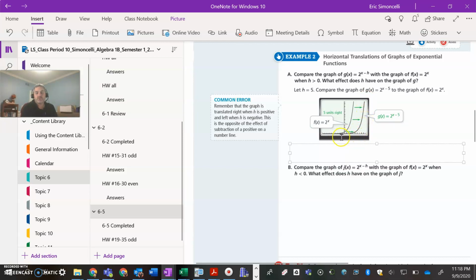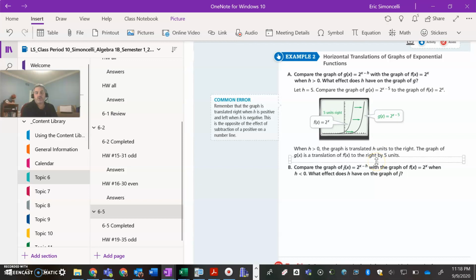It's not visible as such, but you can, I hope, interpret based on the move here. You're moving every point 5 units to the right, 5 units to the right, 5 units to the right. So this new curve is just that type of transformation, or translation more specifically.